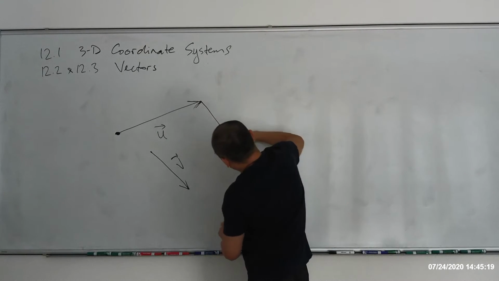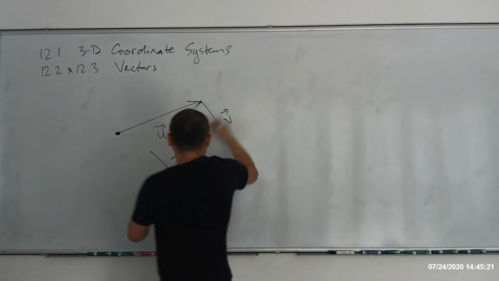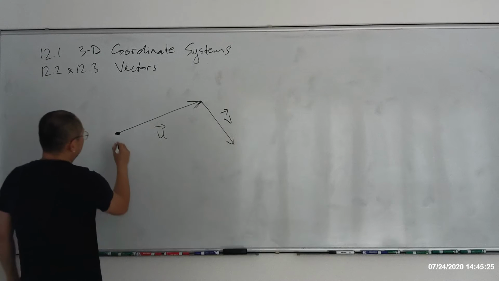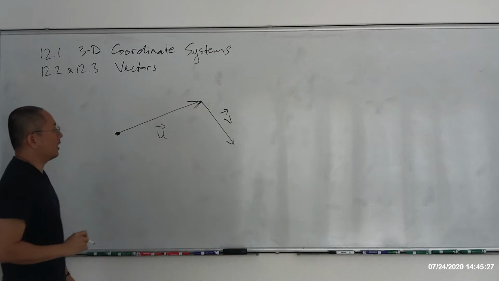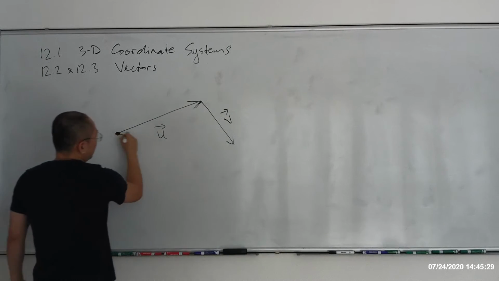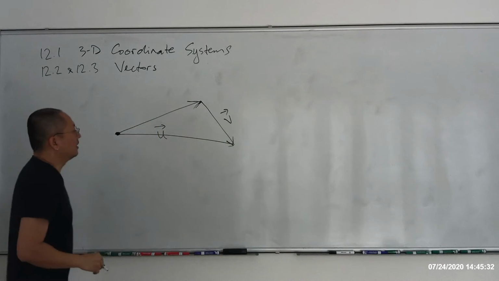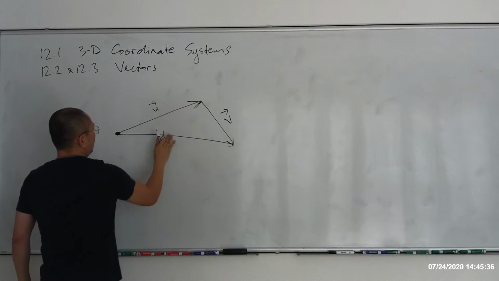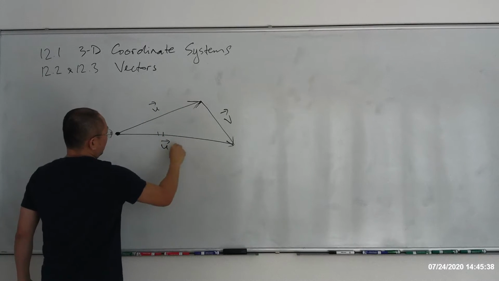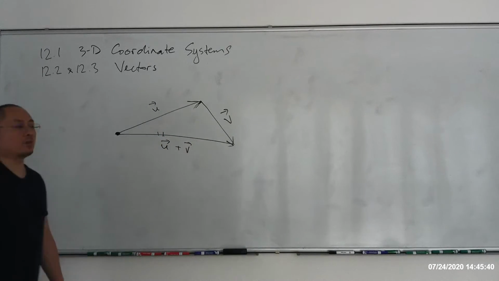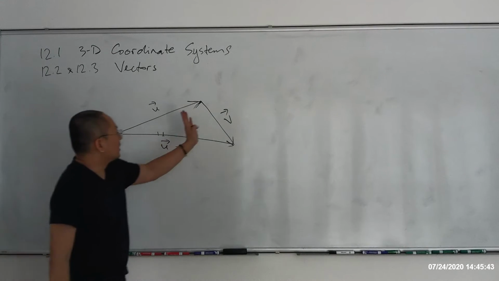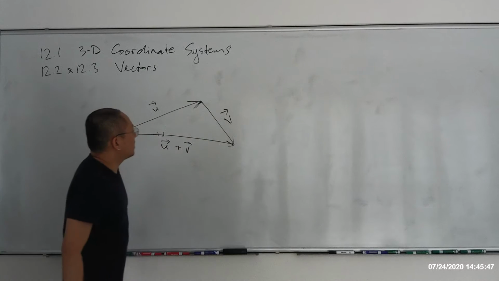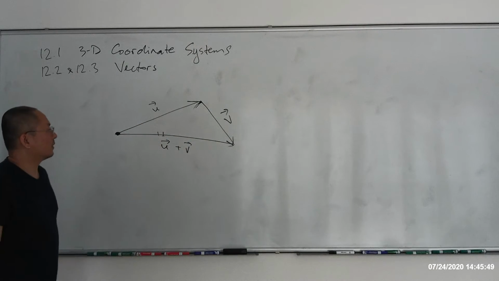This is the same v. So u plus v is a new vector whose initial point is the initial point of the first vector, and whose end point is the end point of the second vector. This is one way to think of it: you move the second vector so its initial point is on top of the terminal point of the first vector, and then connect the triangle.